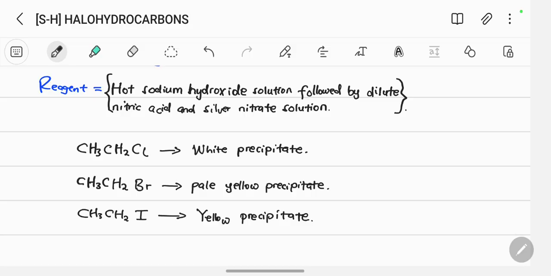So if you want to identify whether something is having chlorine or bromine or iodine in the alkyl group, if our halogenoalkane is a chloroethane, use this reagent. That reagent will give you a white precipitate as feedback. So that's when you will understand that there is chlorine.